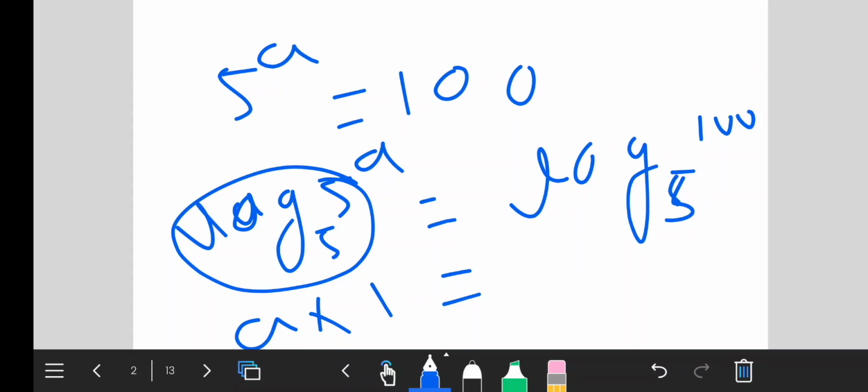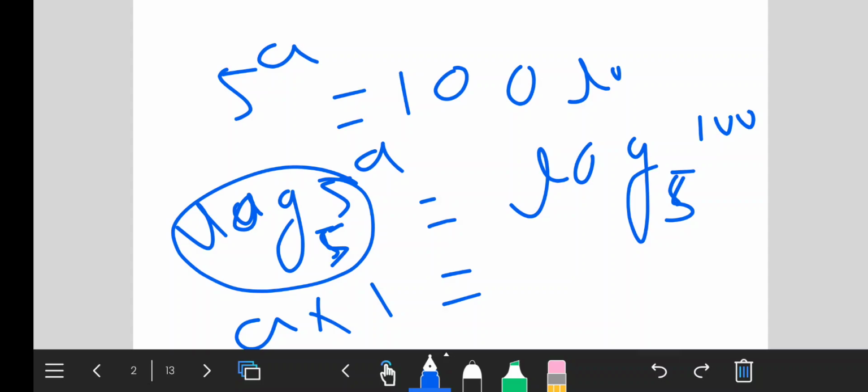If you try to recall the laws of logarithm, according to the laws of logarithm, log of b raised to m to the base b is nothing but m, friends. This is the basic law of logarithm.